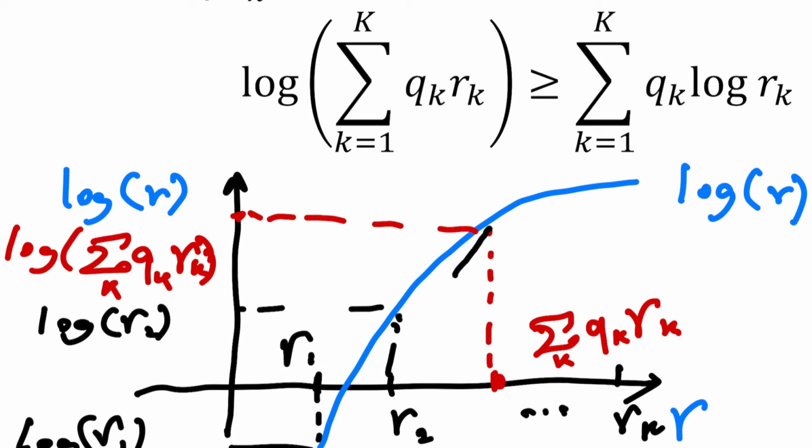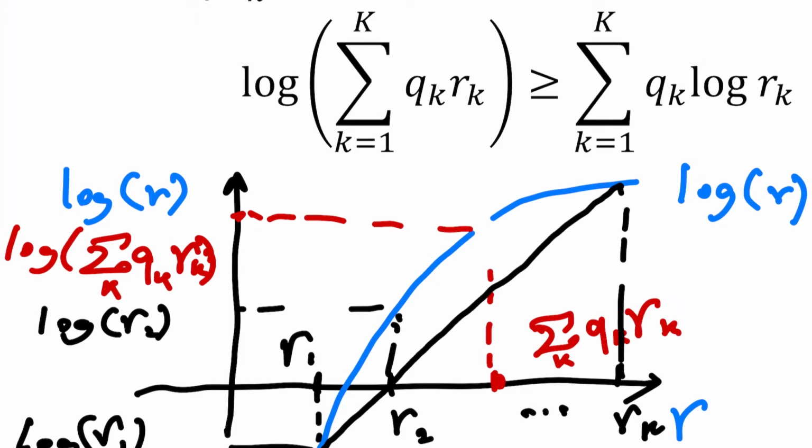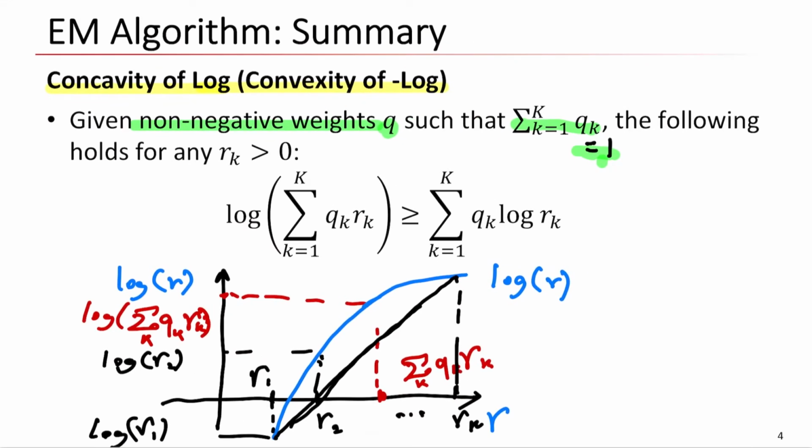It may be here, right? So as you can see here, this blue line is always larger than this black line, right?